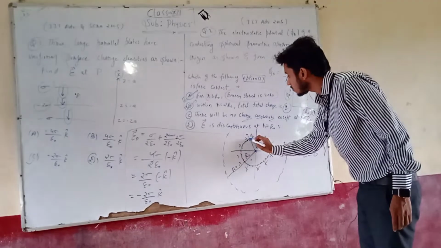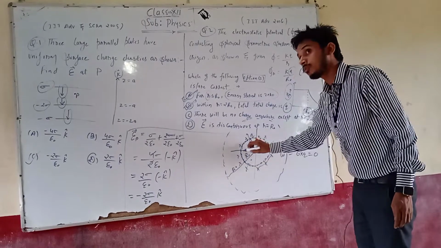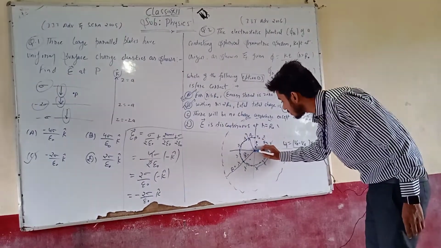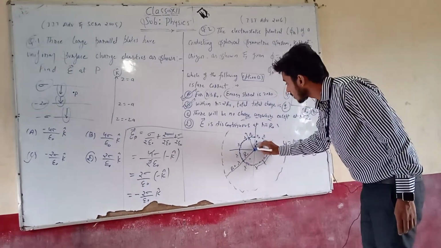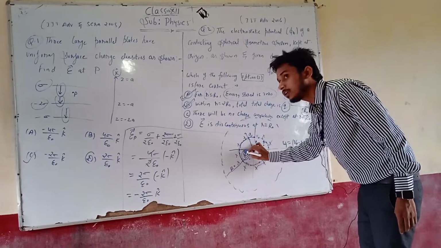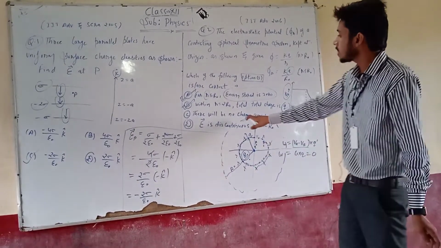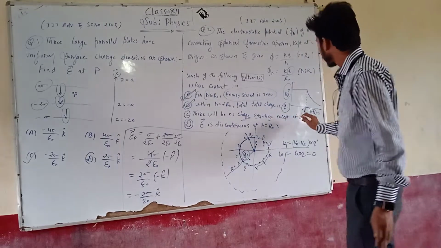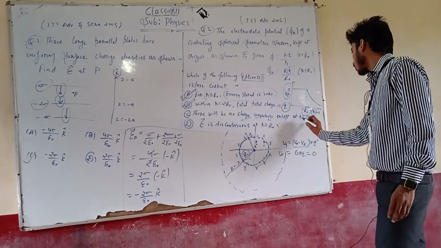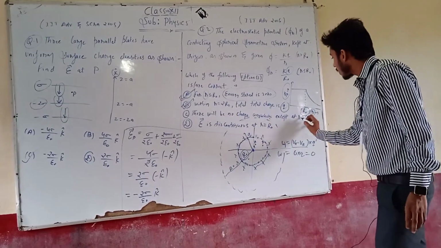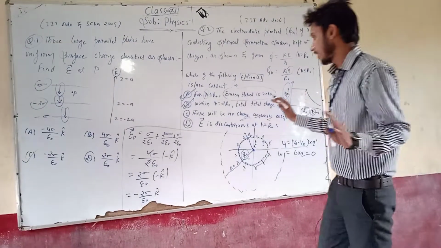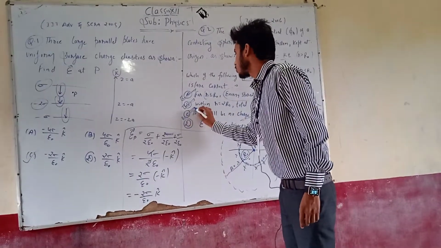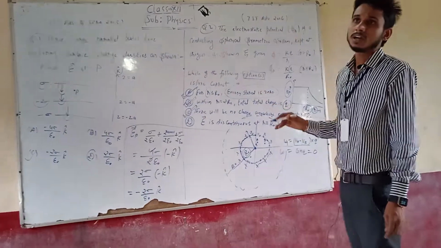So all the charge will reside on the curvature of this sphere, and from the origin, this curvature is r naught distance apart. So this is also a correct thing they have told us, because all the charge is only at r equal to r naught and nowhere else, right? So we can see that option C is also a correct option.